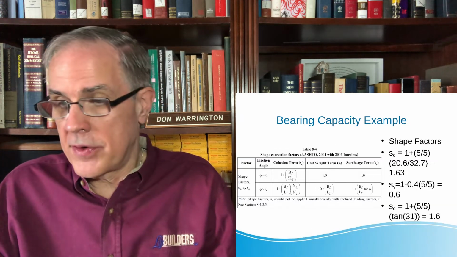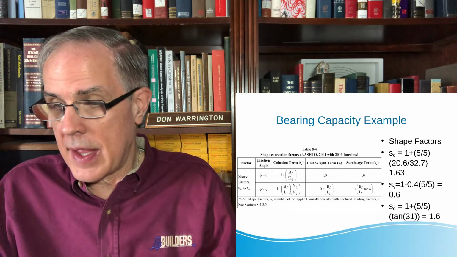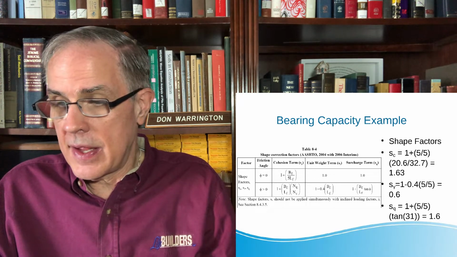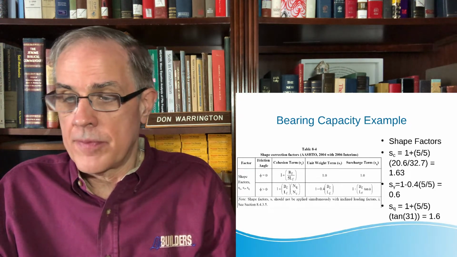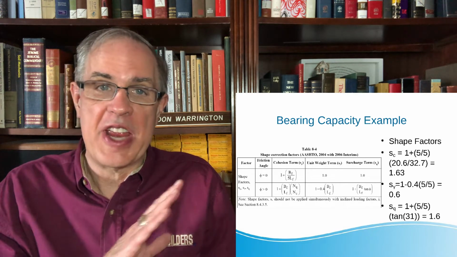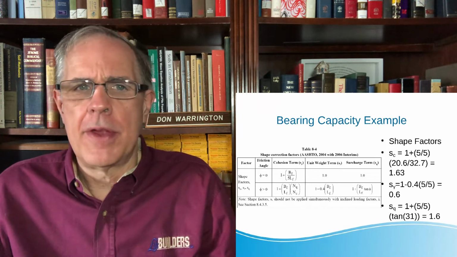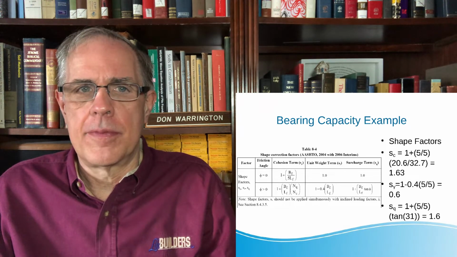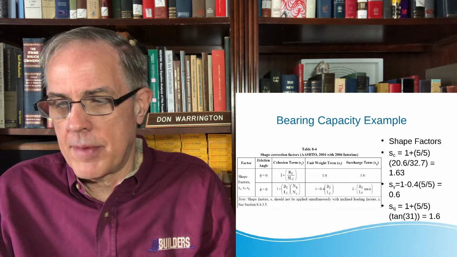The shape factors are fairly straightforward. Actually, the s_c and the s_gamma are the same. Those are shape factors for any square foundation. s_q depends upon the friction angle. And you can see what that amounts to.